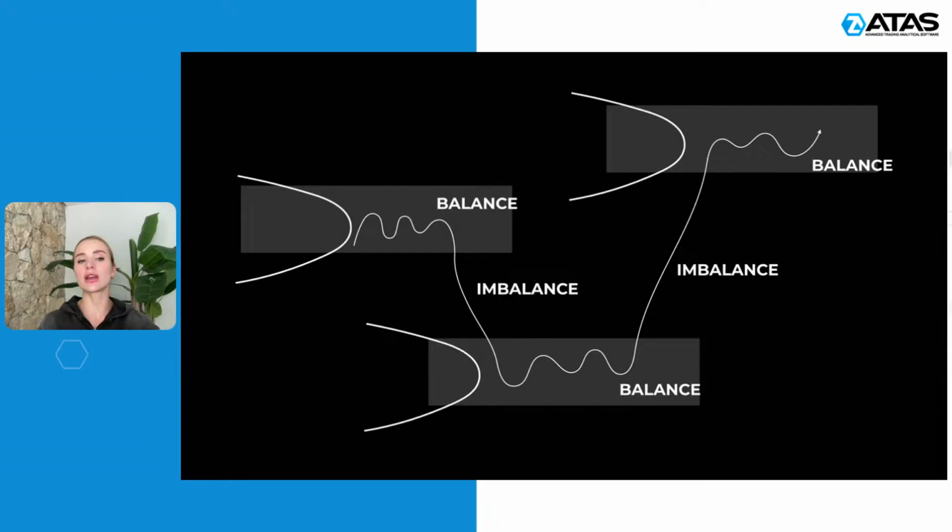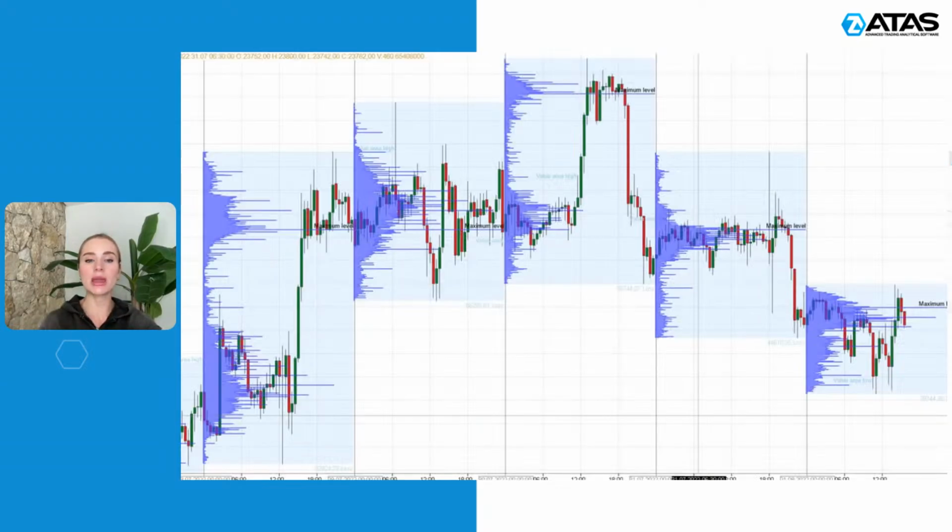And then eventually, after some time, the price is going to find the new balance and go into a new sideways range. You will be able to recognize it using, again, the market profile and TPO on the Atas platform. And you will be able to see that the market profile shows the increased histogram, more volume, in a period where the market does what? Consolidates. So the market consolidates and the volume increases.